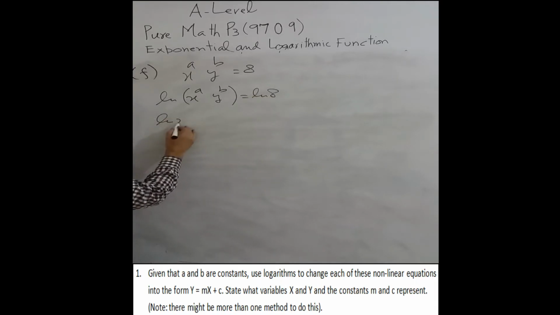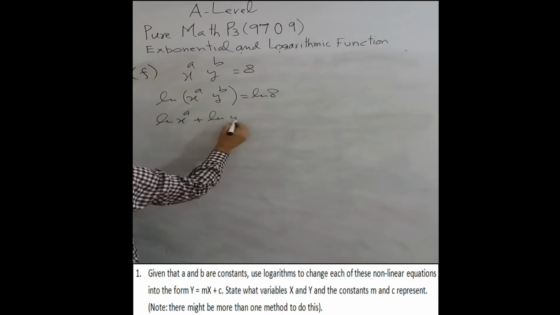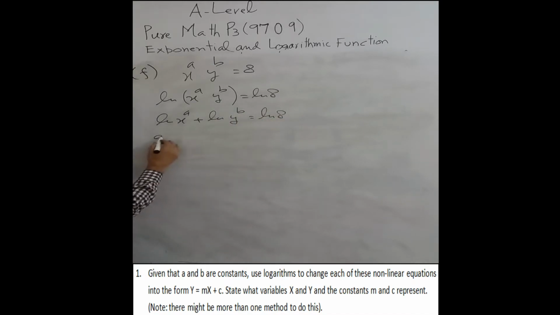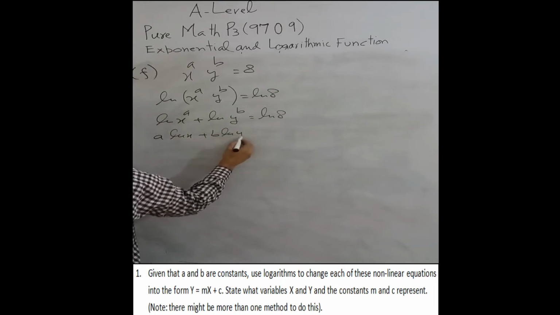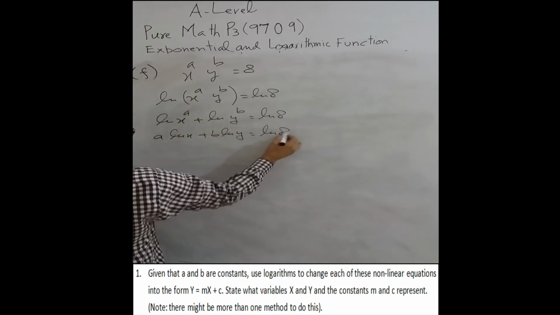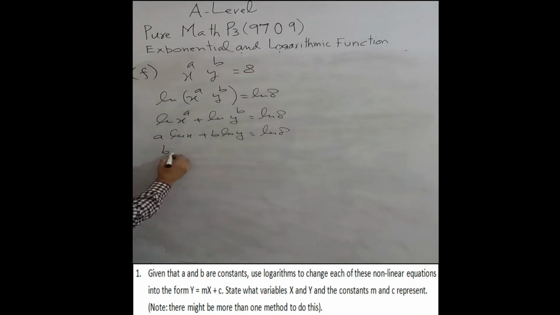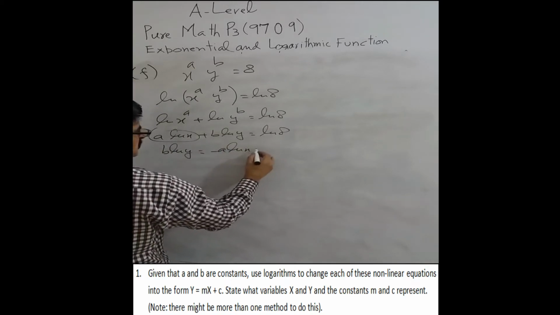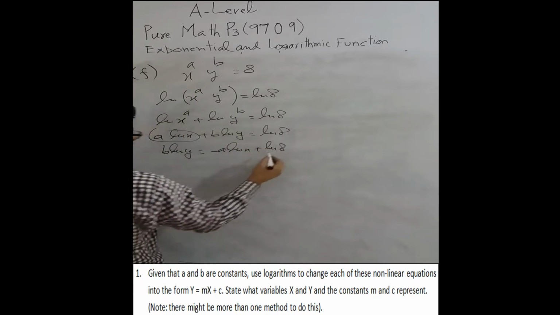Applying the product rule of log, considering this as one number, log of this plus log of this. This is a ln x, b ln y is equal to ln 8. Shifting this term to the right, you have minus a ln x plus ln 8.